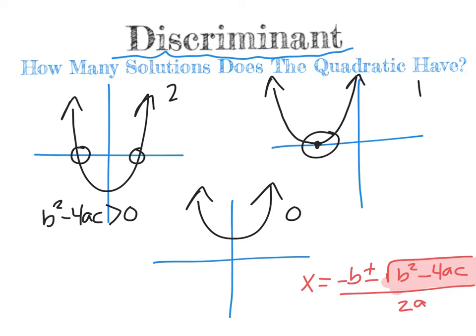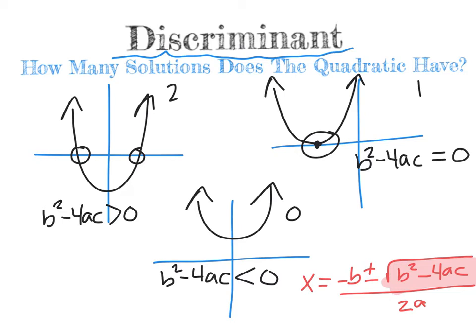If the part inside the square root, the discriminant, is equal to 0, we're going to have only one solution. And then lastly, if b squared minus 4ac, the discriminant, is less than 0, so a negative number, this is how you know that it's not going to have an x-intercept.